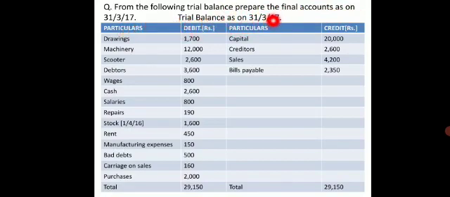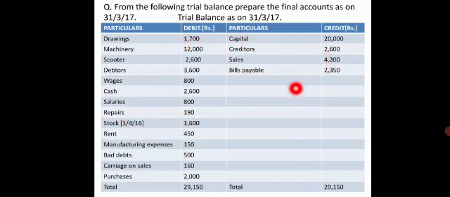You have the trial balance: drawings, machinery, scooter, debtors, wages, cash, salaries, repairs, opening stock, rent, manufacturing expenses, bad debts, carriage on sales. Now carriage on sales is indirect because sales will include that amount of carriage. Then purchases, and you have the amount of capital, creditors, sales, bills payable.